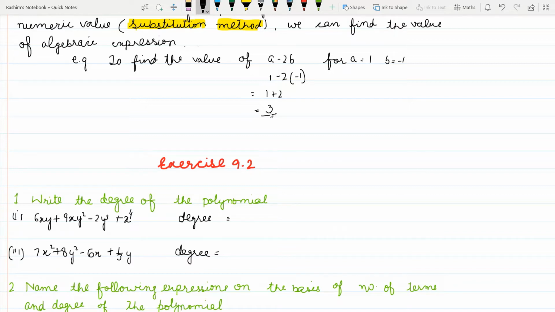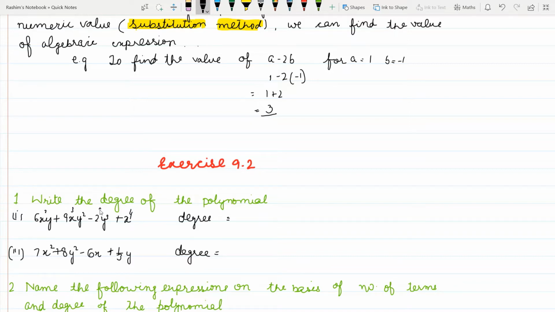Now let us start with exercise 9.2. In this exercise, the first question is: write the degree of the polynomial. Now we all know degree. Degree is the highest power of the variable. Now if you see the first part, 6xy plus 9xy square minus 2y cube plus x4. Now if you calculate the powers here, xy, the power of this term is 2. The power of this term is 3.